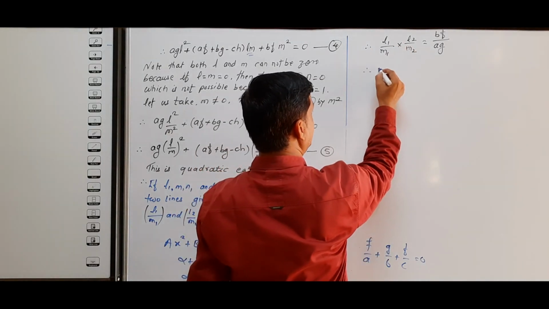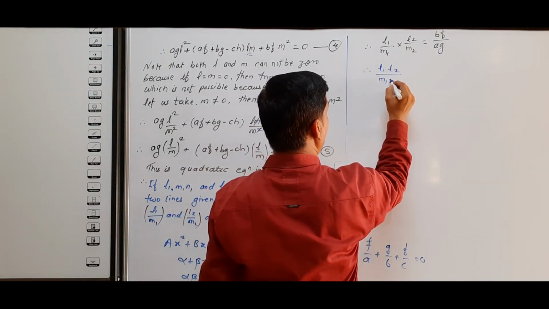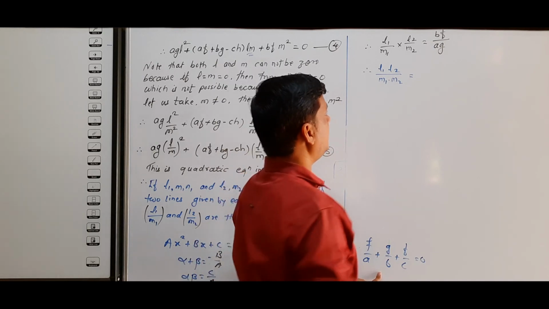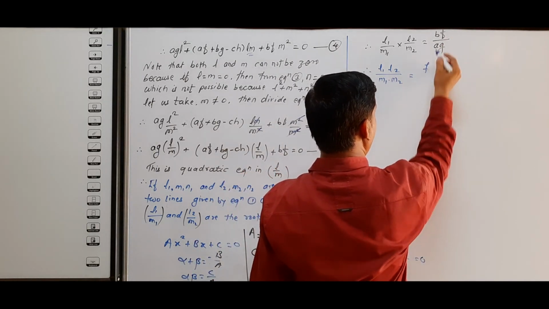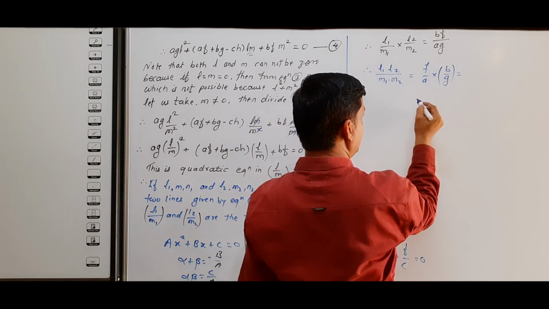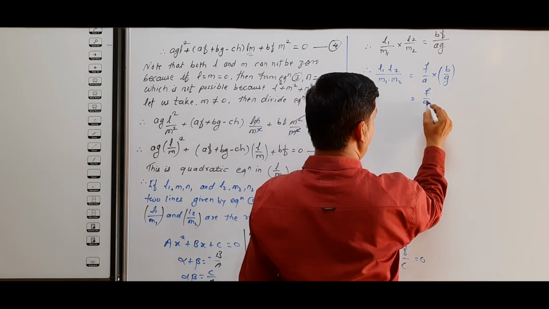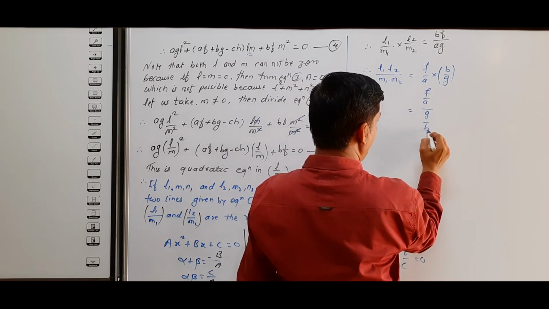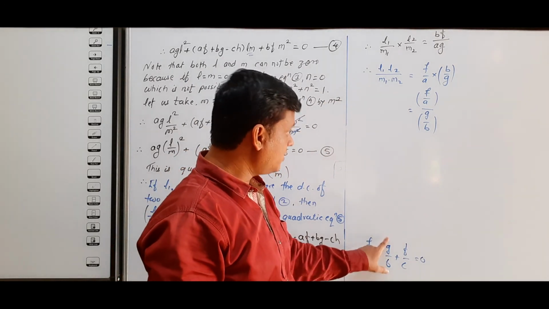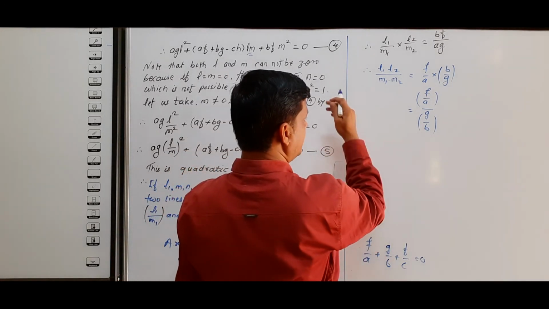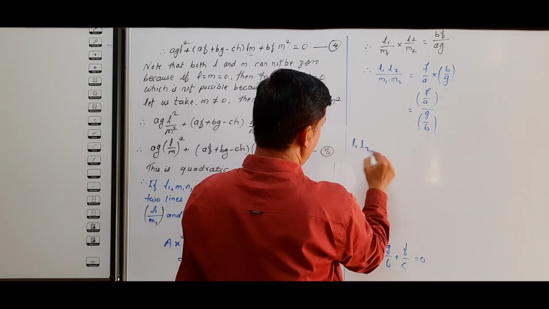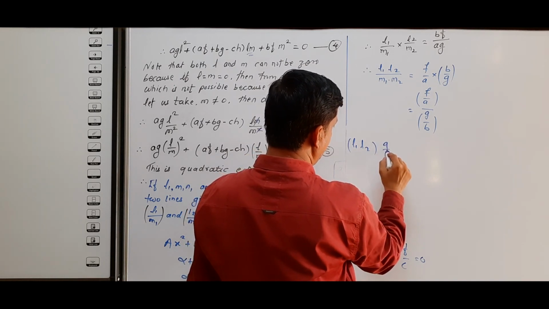So we write this as L1 into L2 upon M1 into M2 equals F by A into B by G. So we write this as F by A upon G by B, because we require F by A plus G by B. Now you can transfer this to one side.